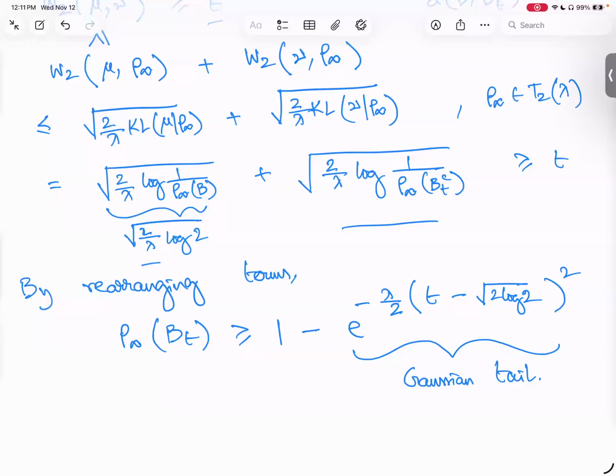That basically gives me my concentration of measure phenomenon, which is that I take any set B which is a median set, and if I look at the mass from a T neighborhood of B, then it's dropping fast. How fast? Like a Gaussian, which is roughly e to the power minus lambda over 2 T squared. And so the measure is basically getting concentrated around this median set B.